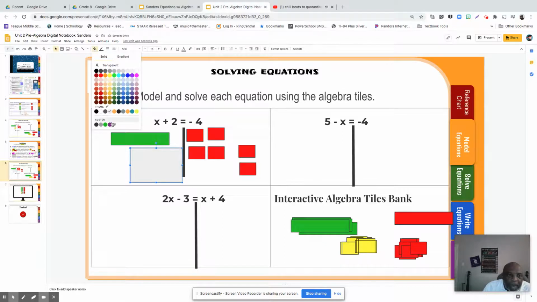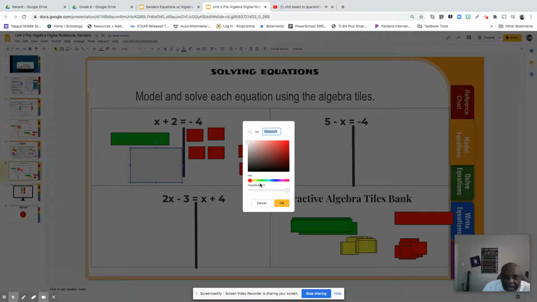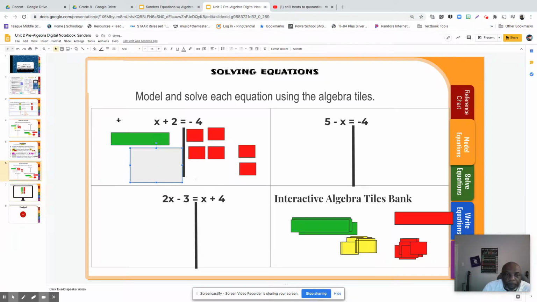And so now they're gone, and I just have x by itself equals this amount, which is 1, 2, 3, 4, 5, 6. So that's 6 negative. That means my x is equal to -6. So I have shown what my solution is by using inverse operations with these algebra tiles.